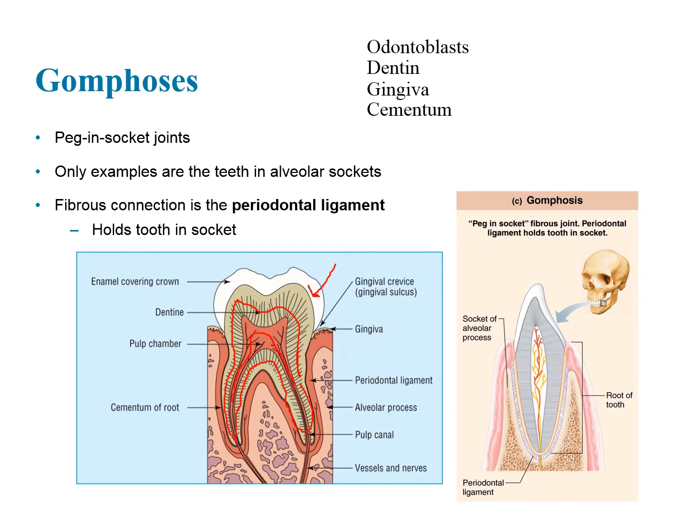Teeth are supported in a socket called the alveolus, located in the mandible and maxillae. And there's a ligament, which you can see here, called the periodontal ligament that connects the tooth to the socket.